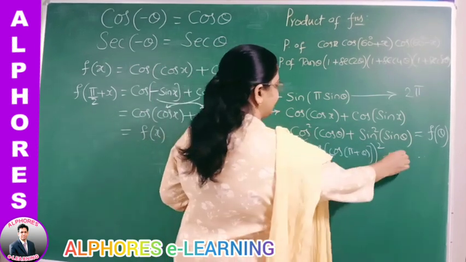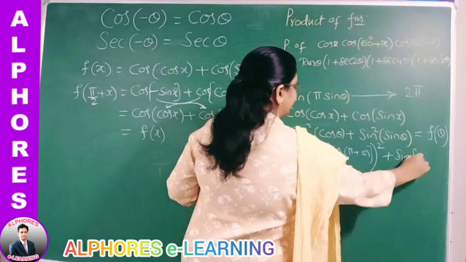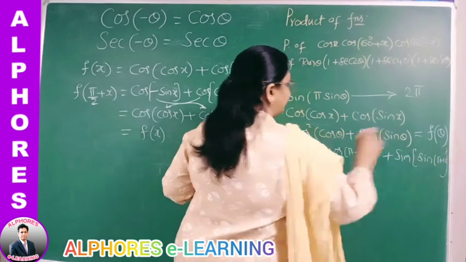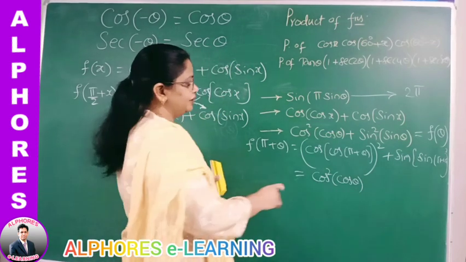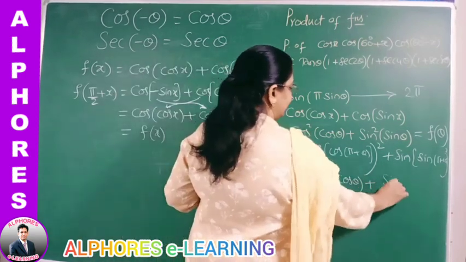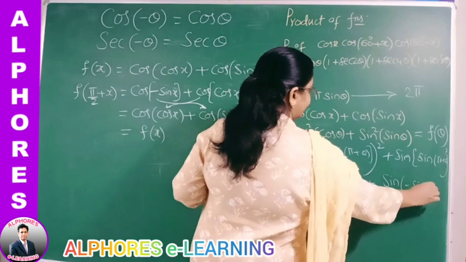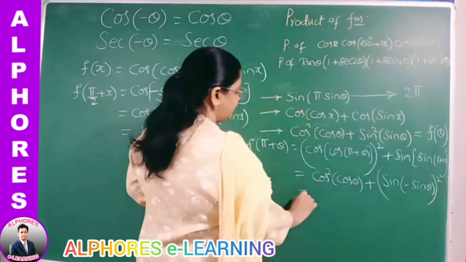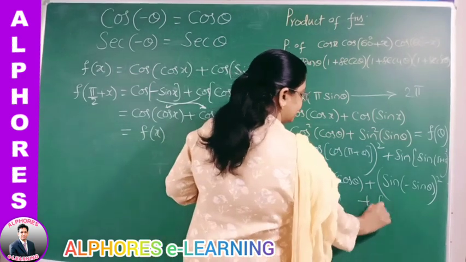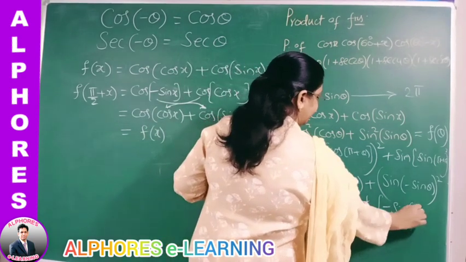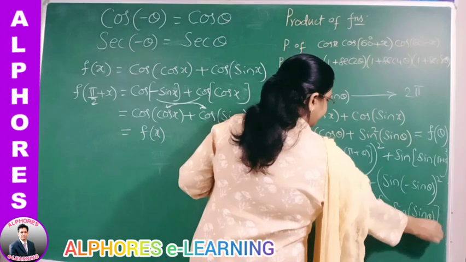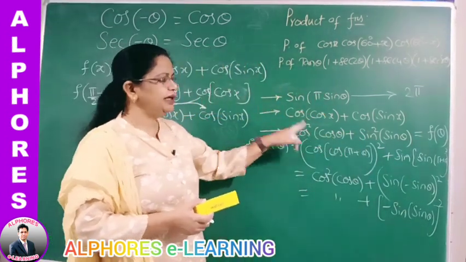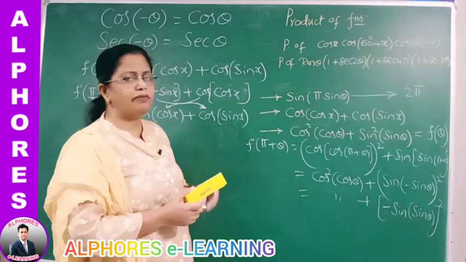Now what about sin of pi plus theta? Actually it is nothing but minus sin theta. Then you got sin of minus sin theta, right? And again sin of minus theta is there. Therefore you got minus sin of sin theta, whole square. Again the whole square is saving, and thereby you got again the same old function, that means f of theta.